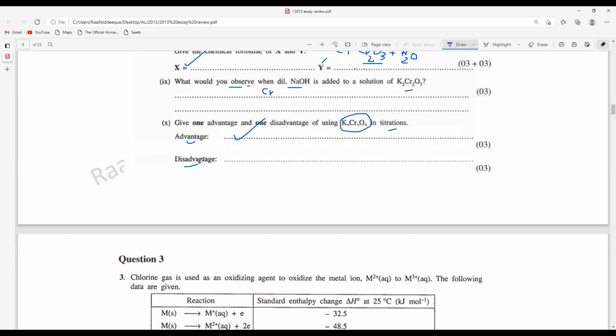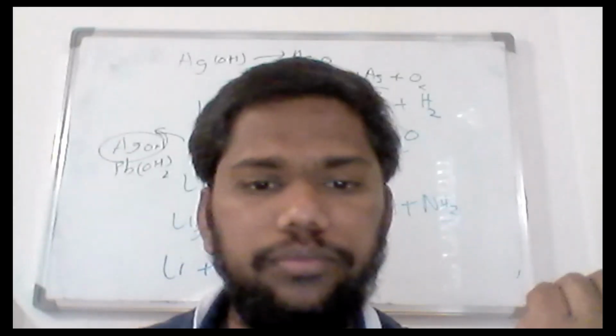And the typical disadvantage in titration is when you use this as a solution in the medium, you cannot use this as a self-indicator. Okay, so what is a self-indicator? I will explain that to you using the board, right?